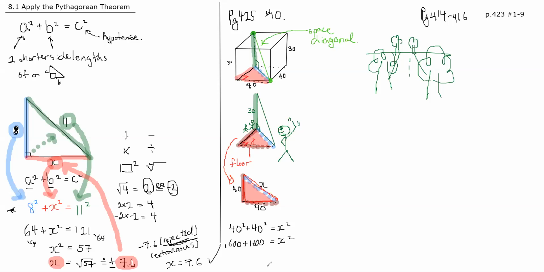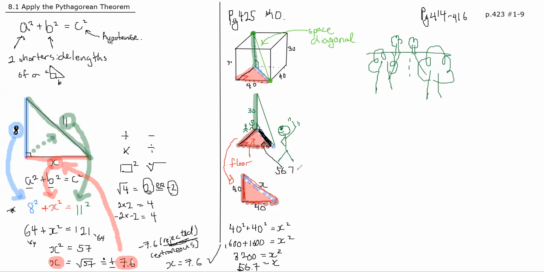So that's 3200 equaling x squared, which is square root of that, 56.57. I'm going to just round it to 56.7. So this goes all the way back. That means this portion right here, that is 56.7.